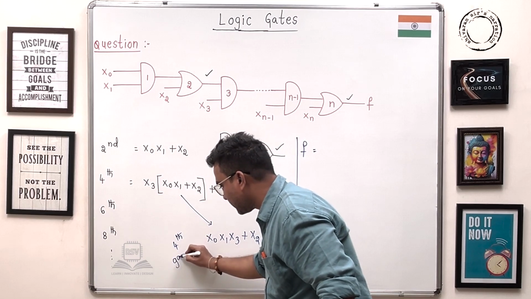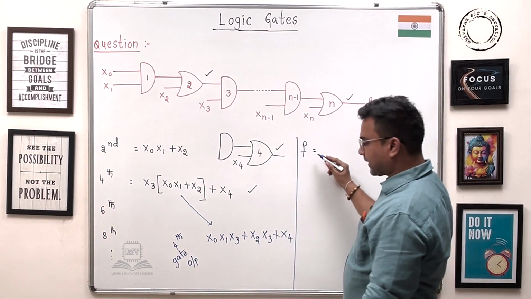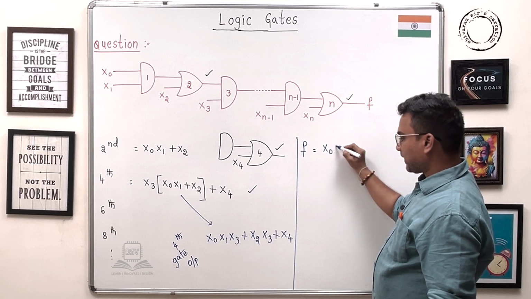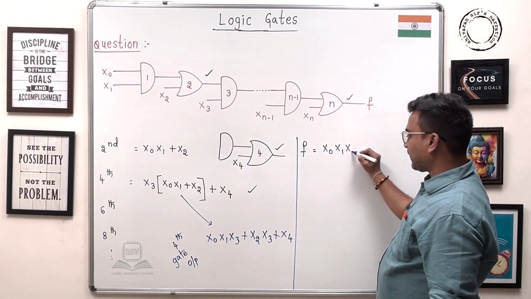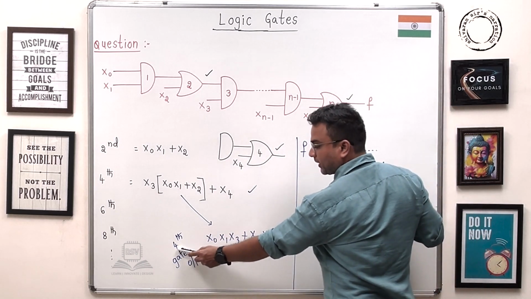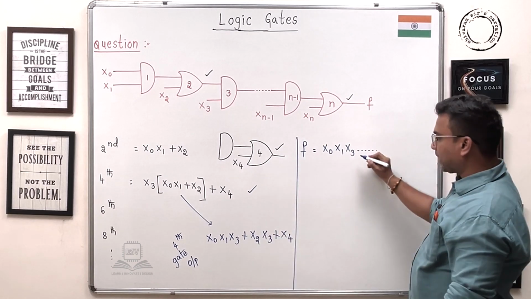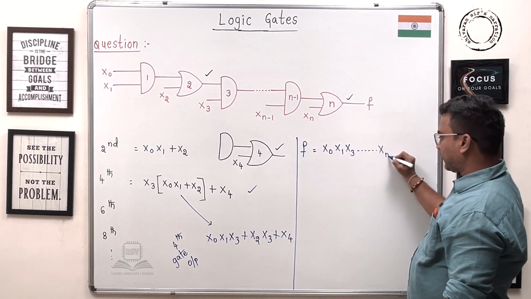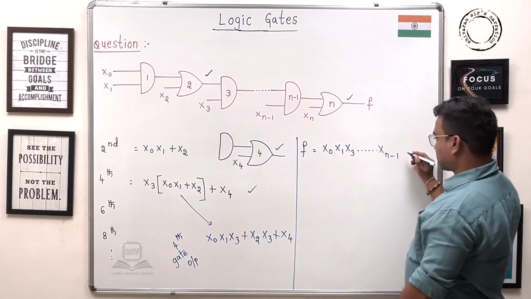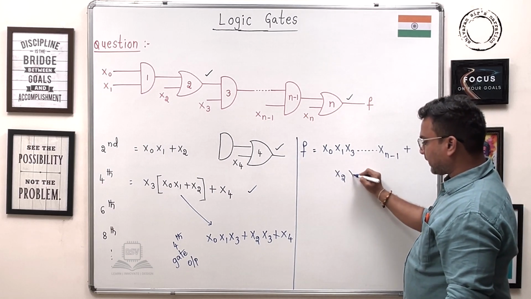Isn't it? Yes. Now in the same way, here for nth gate output, it will be like x0, x1, x3 and so on. For nth gate, for fourth gate, you got x3. For nth gate, obviously you will get here xn minus 1. Because here for 3, plus x2, x3.